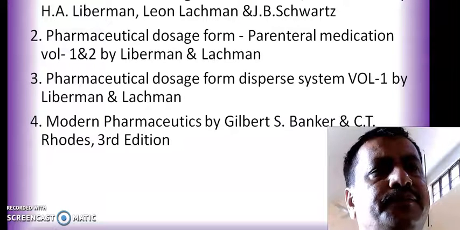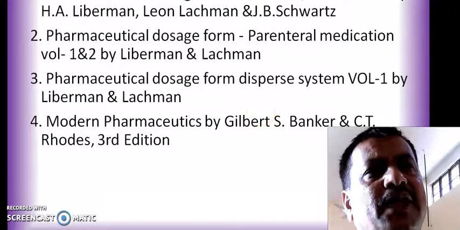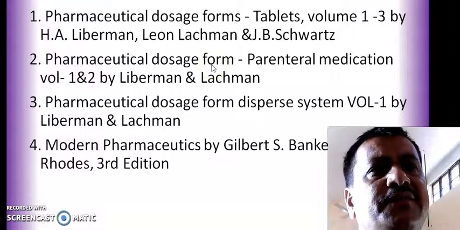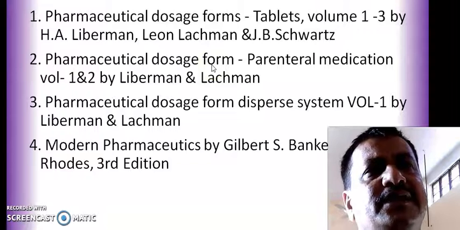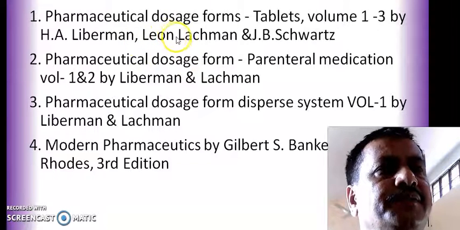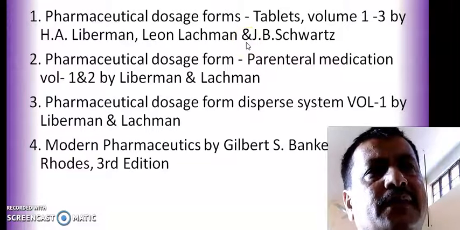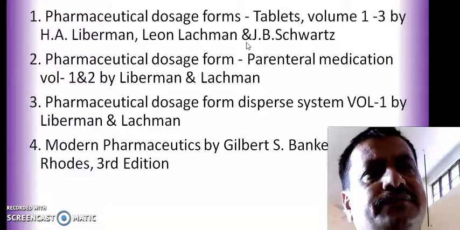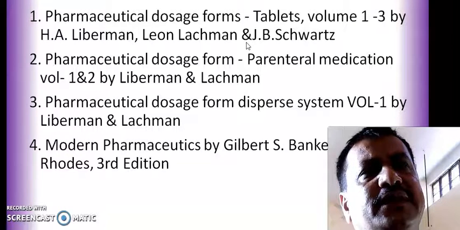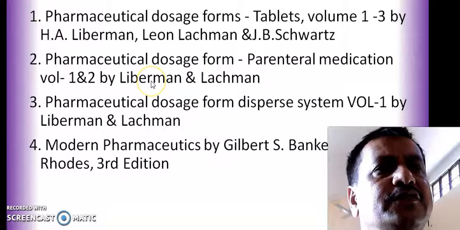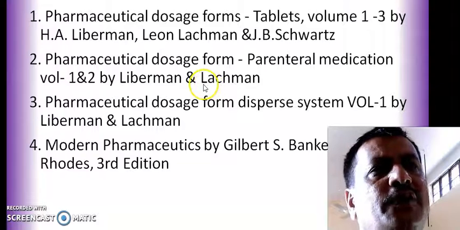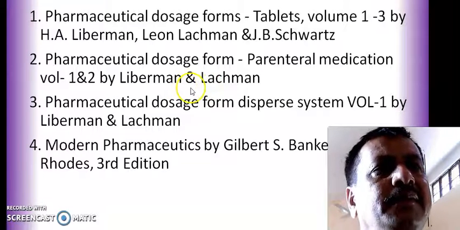Now the recommended books as per the Pharmacy Council of India for Industrial Pharmacy 1 are: first, Pharmaceutical Dosage Form Tablets, Volume 1 to 3, which is written by H.A. Lieberman, Leon Lachman, and J.B. Schwartz. Then the second book recommended by PCI is Pharmaceutical Dosage Form Parenteral Medications, Volume 1 and Volume 2, again from the Dekker series, written by Lieberman and Lachman.